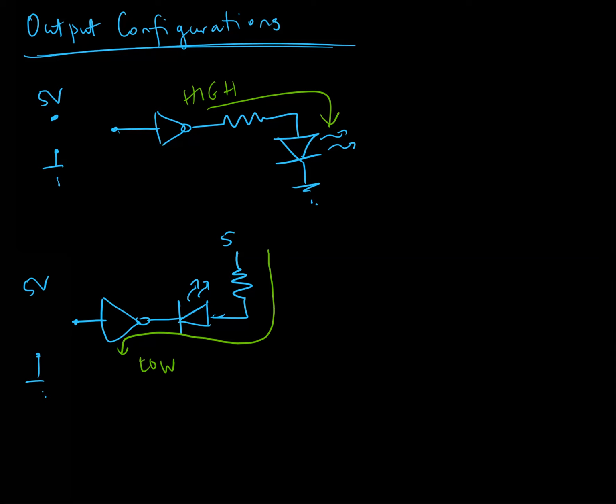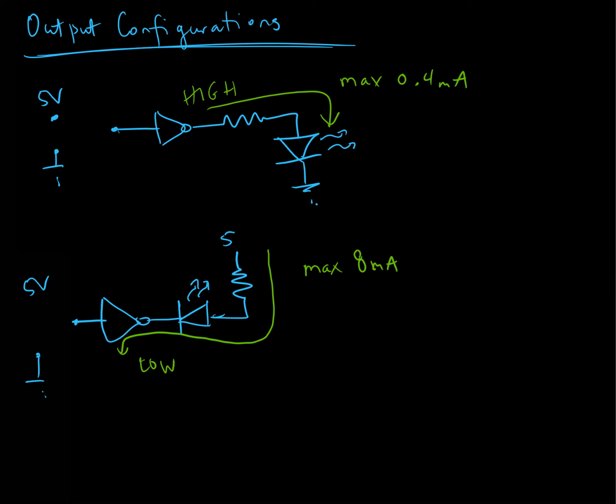So the difference here is that when the current is flowing from the chip, according to the spec sheet, we could get a max of 0.4 milliamps, which is not very big. But if we wire it per the second configuration, we can get as much as 8 milliamps, which is much, much better.